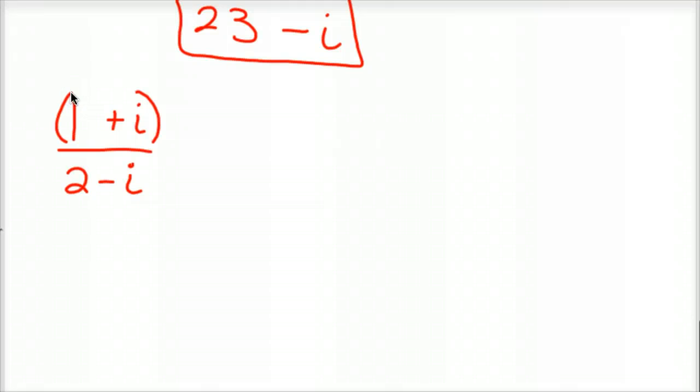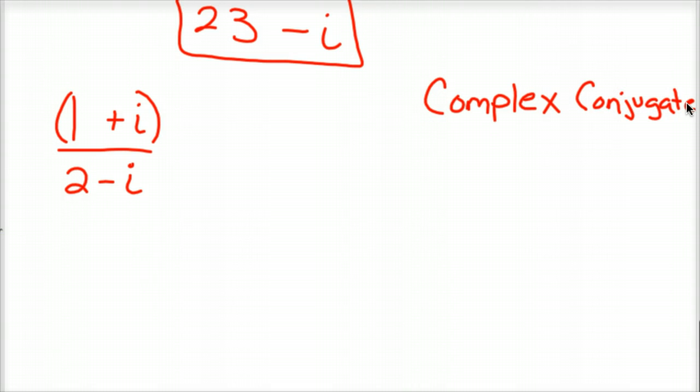In order to divide them, you need what's called a complex conjugate. This is not the only place you use complex conjugates, but it's a good place to start, and usually where people start. So a complex conjugate is this. If I have a complex number, say a + bi, its complex conjugate is a - bi.